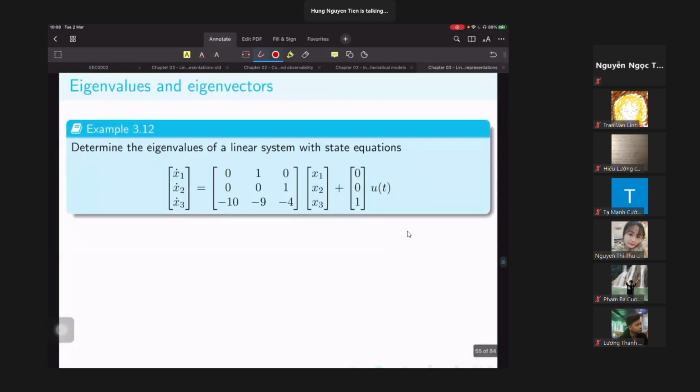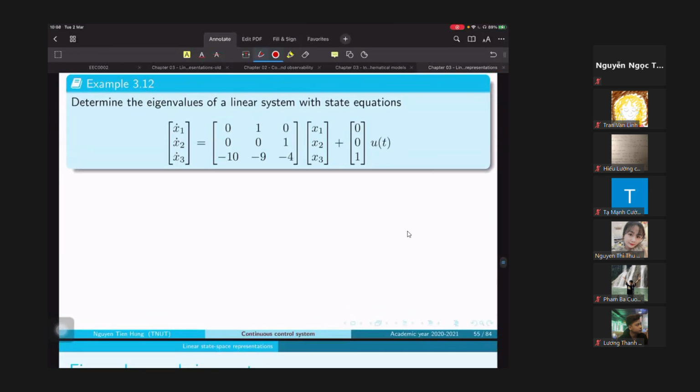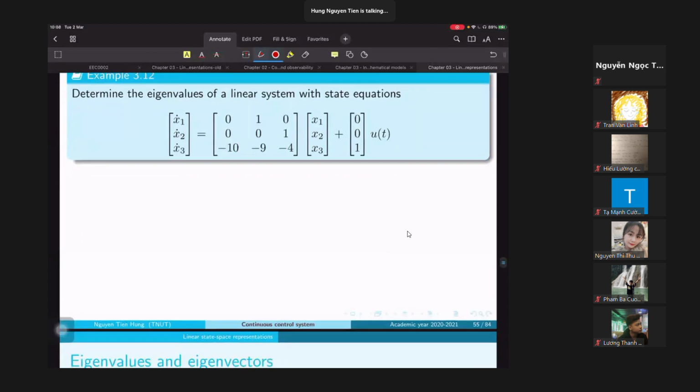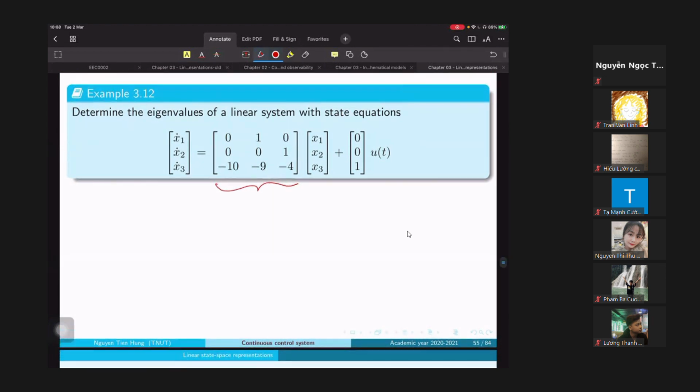For example, if the system is like this, this is the A matrix and you have to find its eigenvalues.